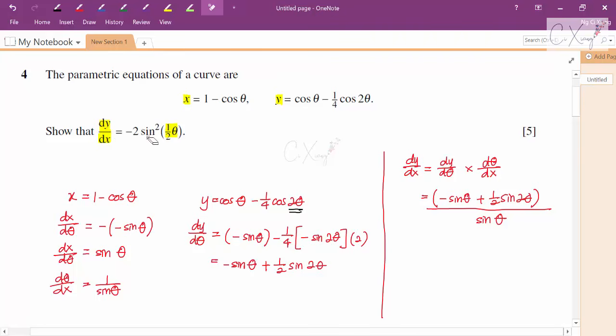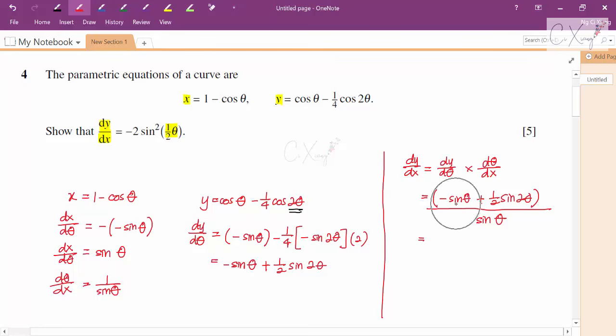So we have to try and see how we can get to this part. Maybe we can start to have a look from our answer here. Because our final answer has half theta, I will try to expand all the double angles to become a smaller angle. Okay, so let me start now.